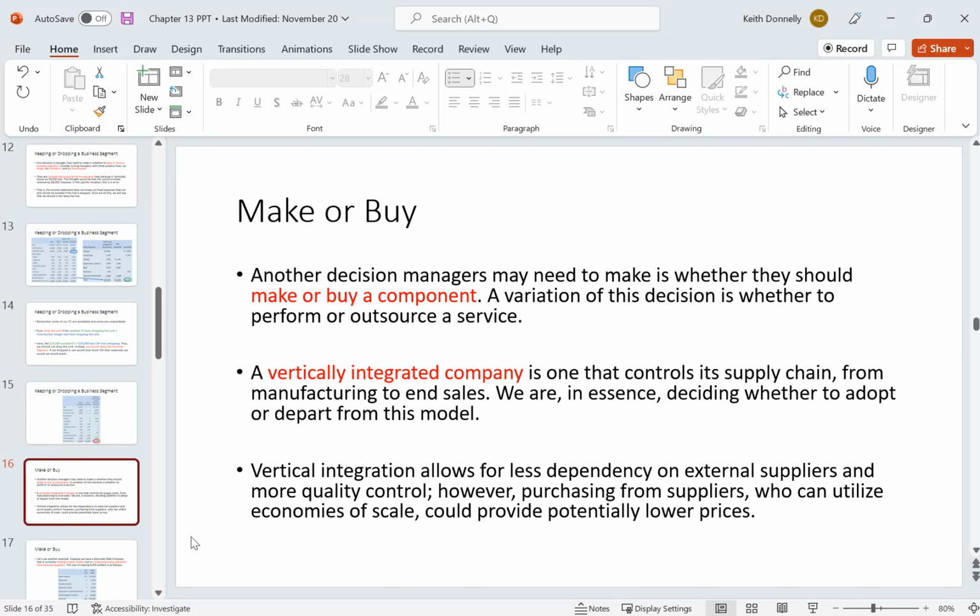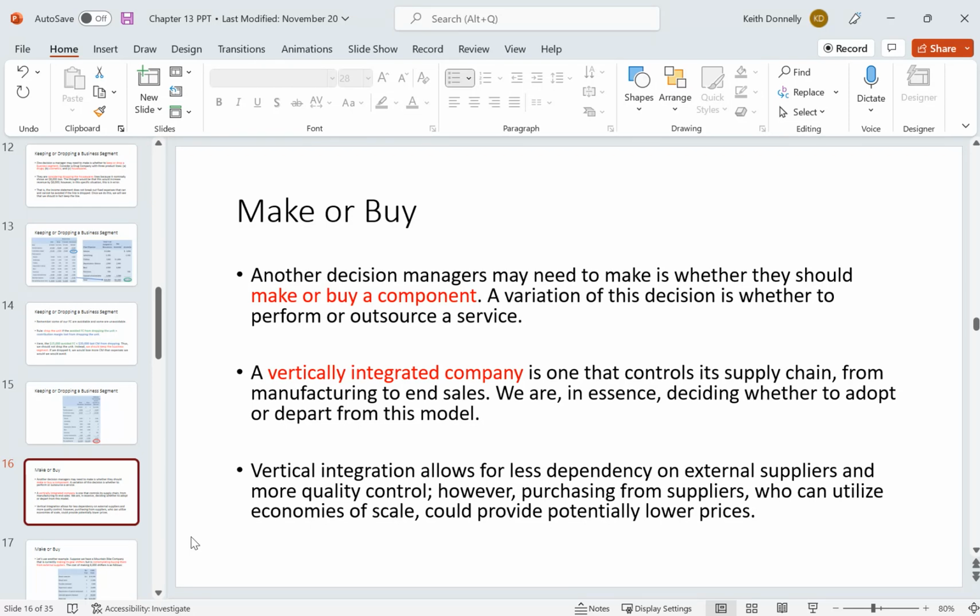Should we make the strings or should we buy the strings from an external party? That's just one example. Another decision managers may need to make is whether they should make or buy a component, or a variation of this, whether you should perform a service in the business or outsource it.